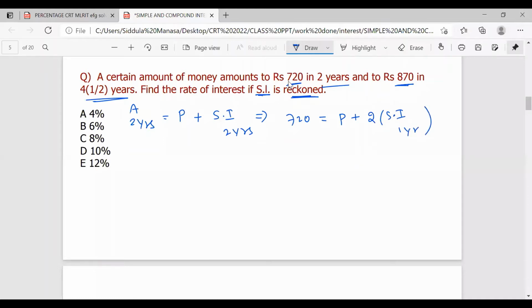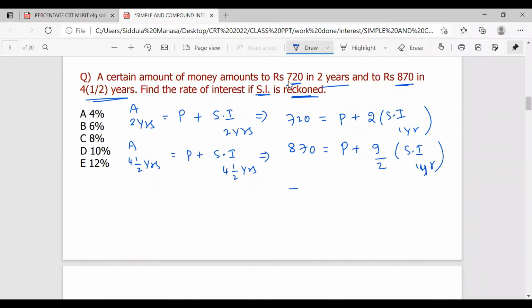We already discussed. In the same way, amount in 4.5 years is principal plus simple interest of 4.5 years. So that will be 870 equals principal plus 4.5, which is nothing but 9/2, times simple interest for 1 year.